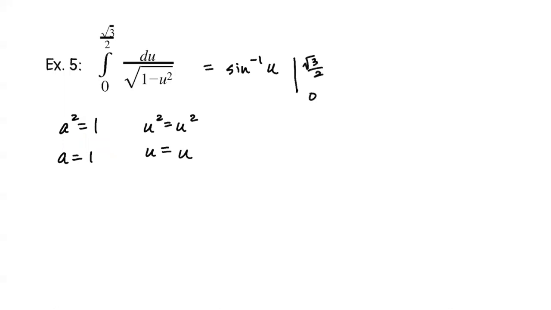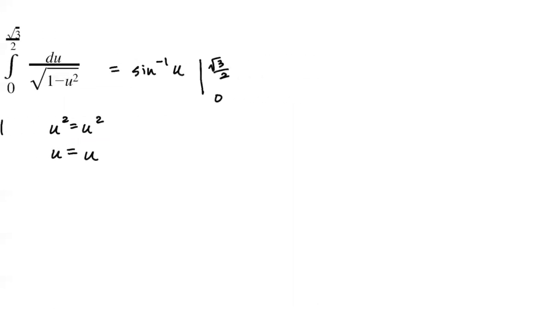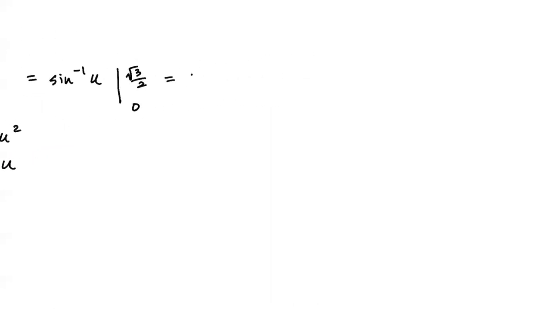So if anything, I think the back end of this question is a little bit harder than the front end, because we need to know what angle has a y value of √3 over 2 that is in quadrant 4 or 1. And then we have to find out what angle has a y value of 0 that is in quadrant 4 or 1. I'll give you a moment to find those values, all right? If you can give me a value for inverse sine of √3 over 2 and a number for inverse sine of 0.